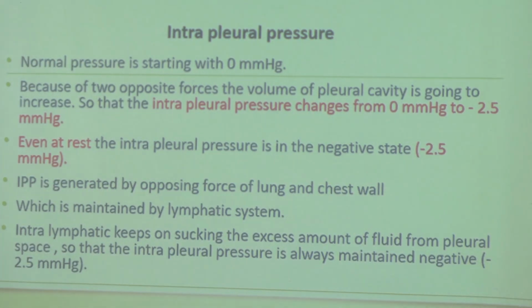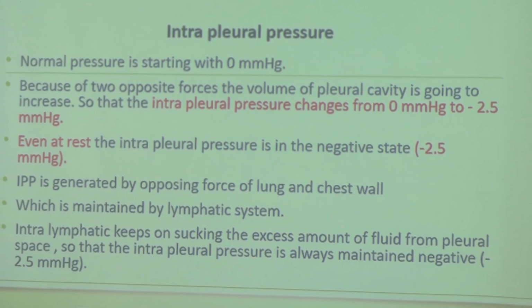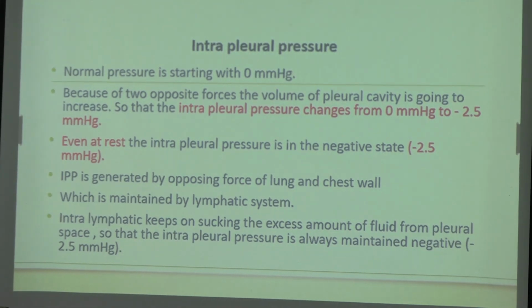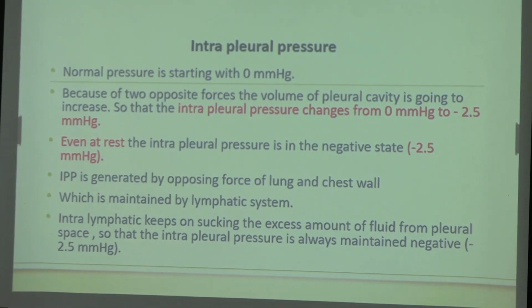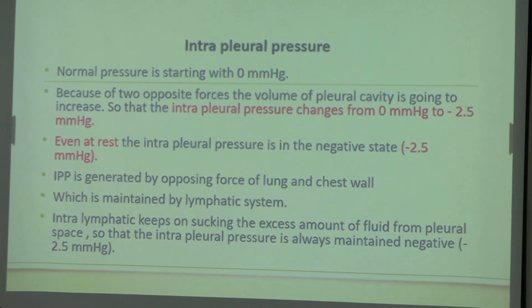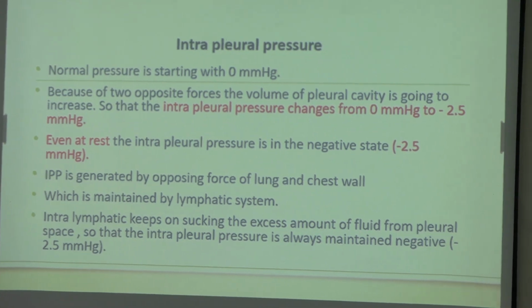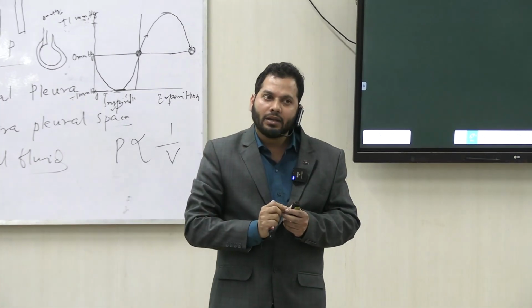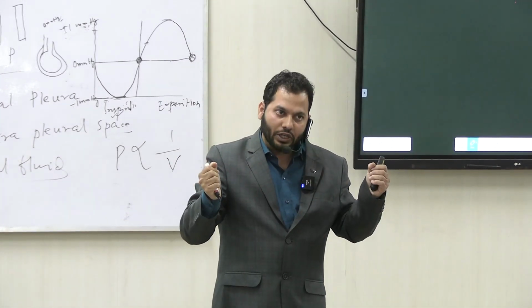Now, what will happen during inspiration or expiration, and how is this negative pressure maintained in the pleural space? For the generation of negative pressure in pleural space, opposing forces are essential.